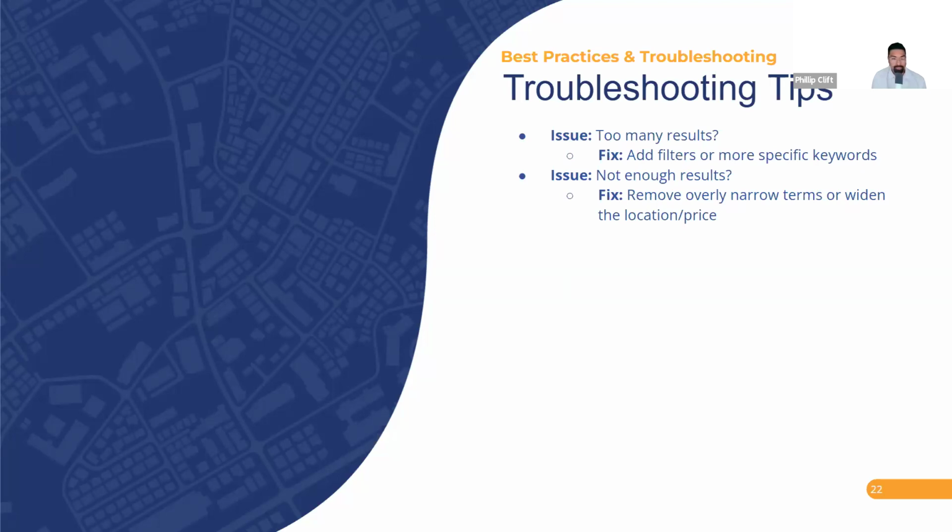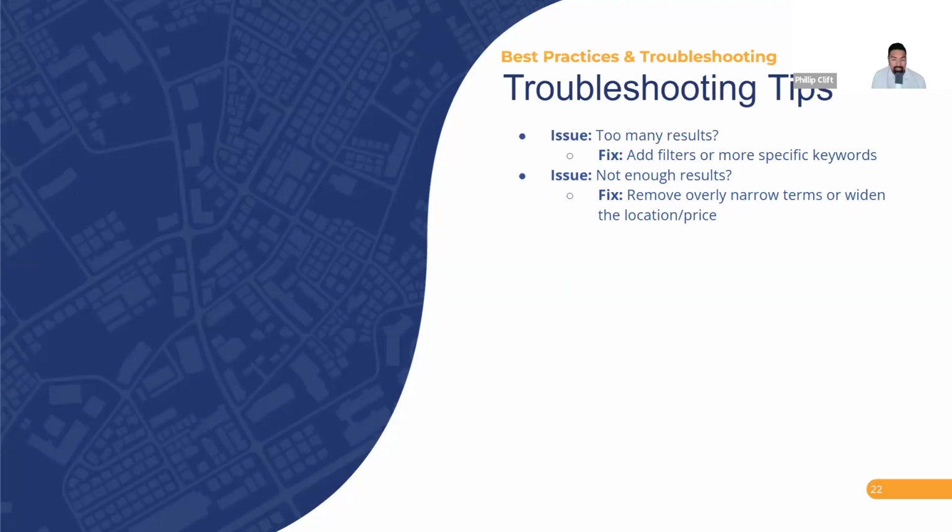On the other side, maybe not enough results are showing up. If you're getting too few results, relax some of these filters or use more general keywords, right? Things like modern farmhouse with solar panels might return very limited options.